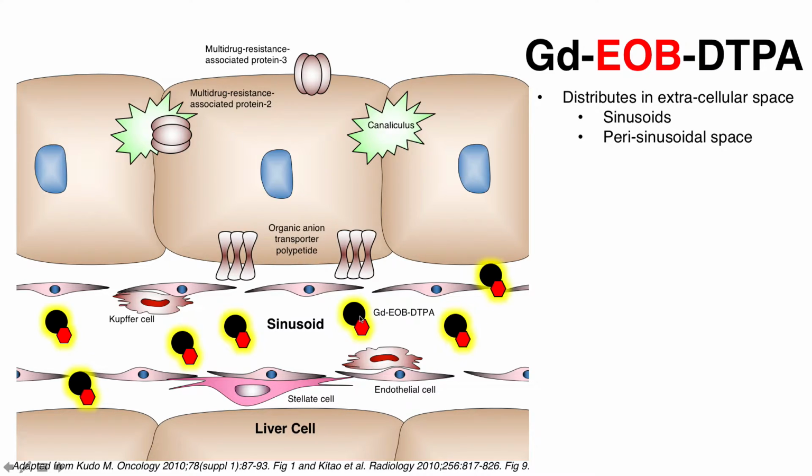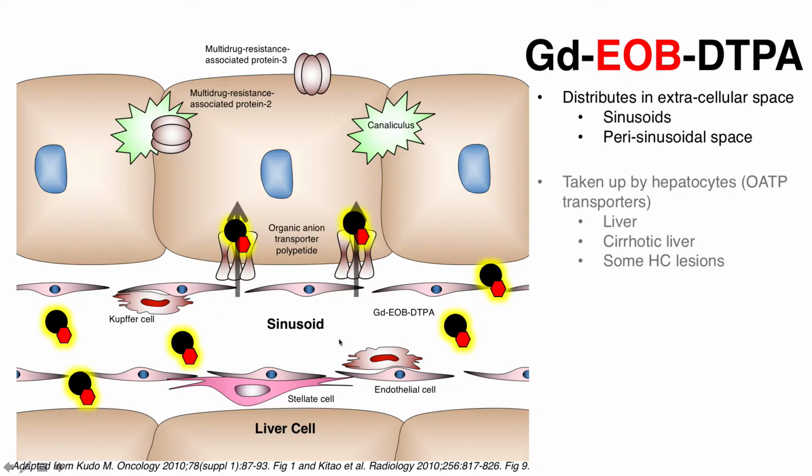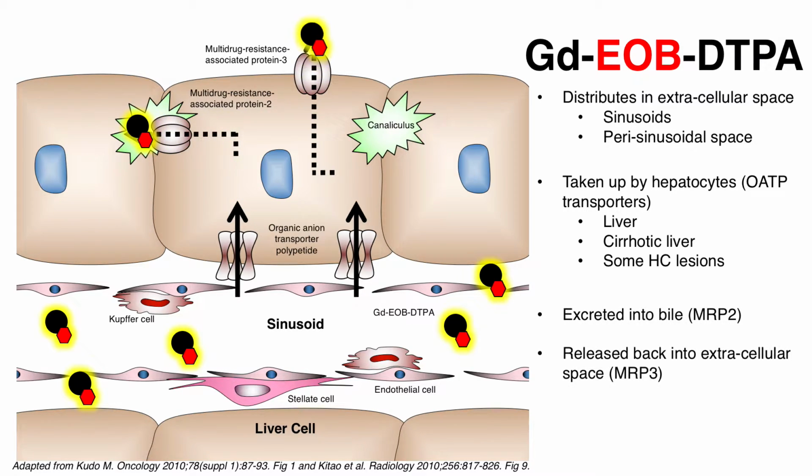And so this is actually cellular and molecular imaging in the year 2017, because this transporter recognizes this chemical group, and this molecule with gadolinium gets into the liver cells. And over time, it then gets excreted.